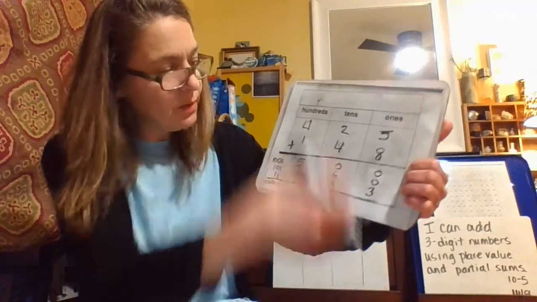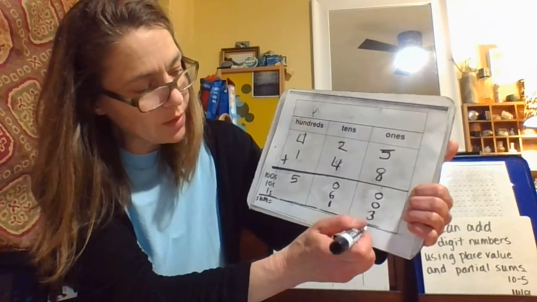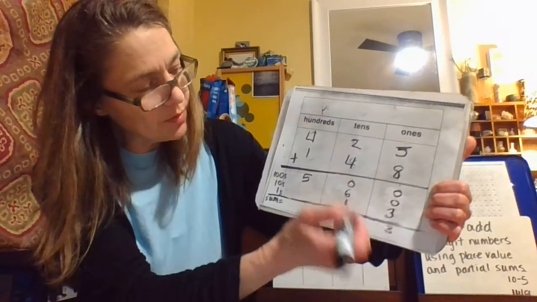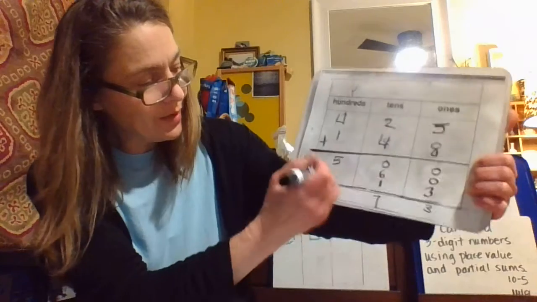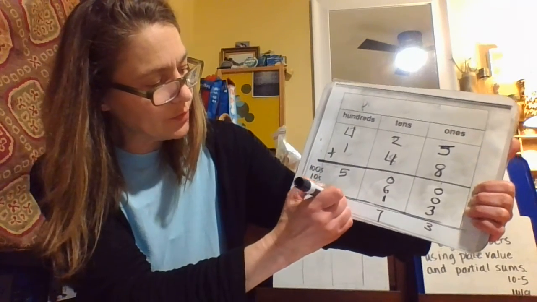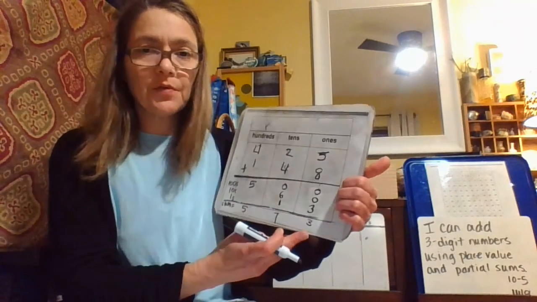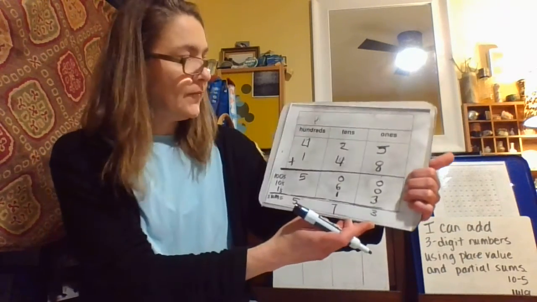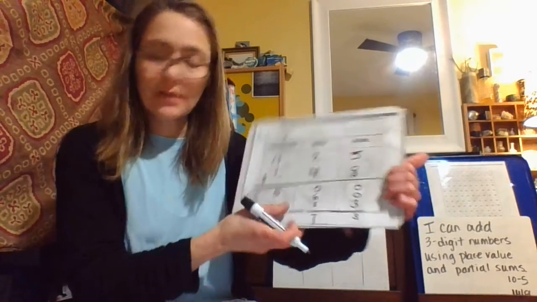So now we go down and we add the ones column first. 0 plus 0 plus 3 equals 3. 0 tens plus 6 tens and 1 ten equals 7 tens. And 500 plus 0 hundreds equals 500. So your total is 573. Okay, and that's the book way. That's number 1 in guided practice.